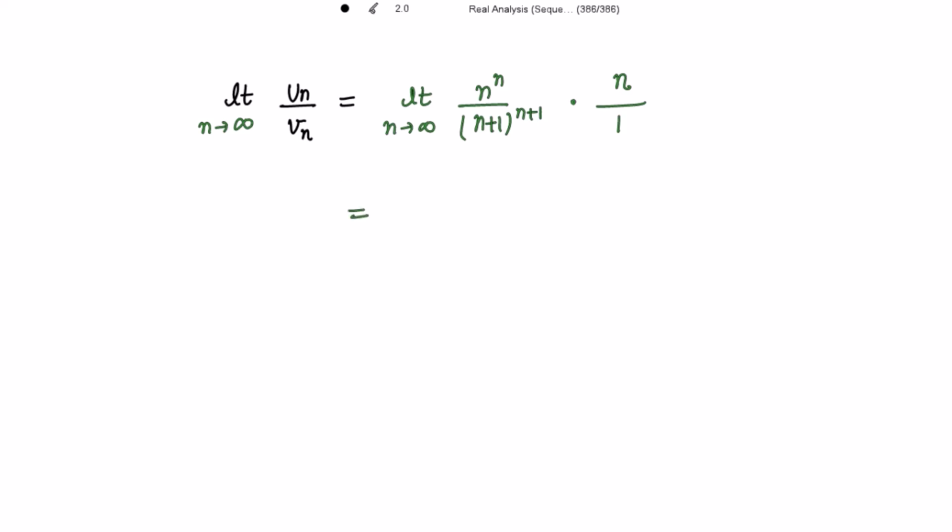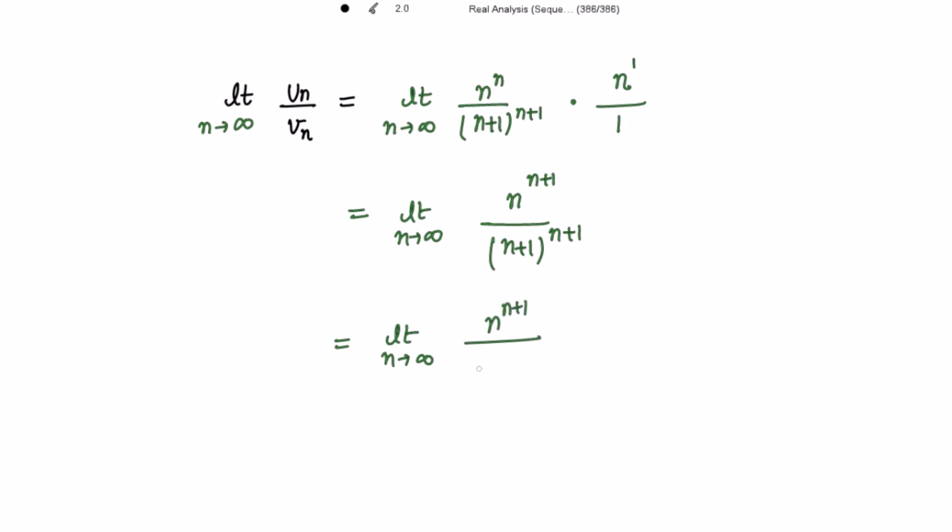So this is equal to the limit as n tends to infinity of, in the numerator, n to the power n plus 1 divided by n plus 1 to the power n plus 1.